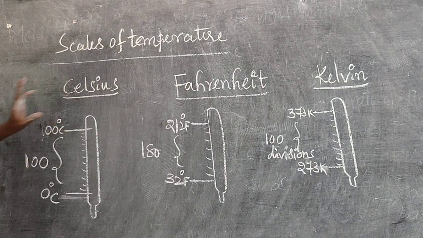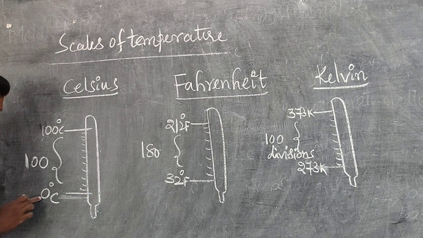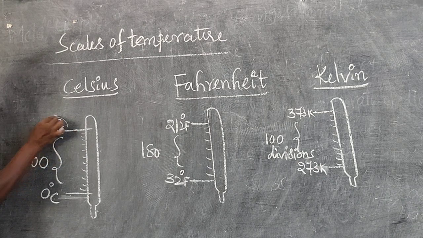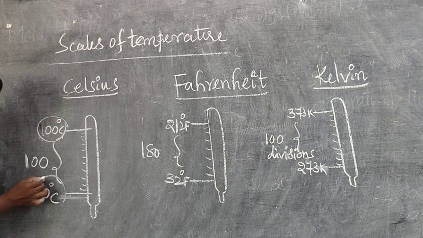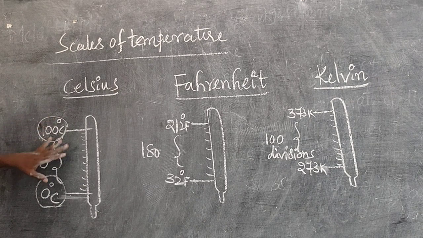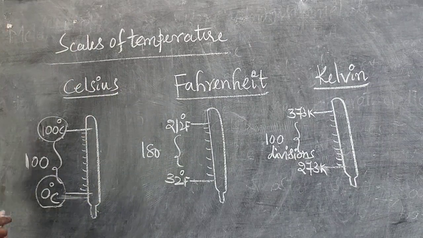Now in the Celsius thermometer, the lower fixed point is 0 degrees Celsius and the upper fixed point is 100 degrees Celsius. What is the lower fixed point? 0 degrees and the higher one is 100 degrees. But why are 0 and 100 taken? Based on the melting point and boiling point of water.